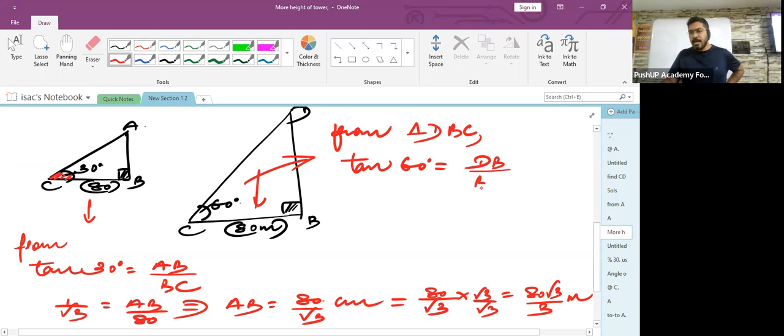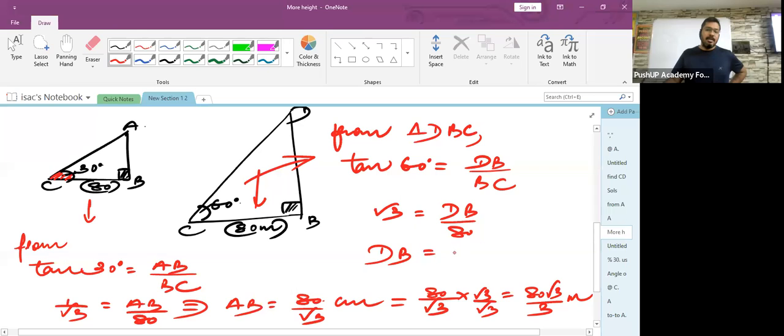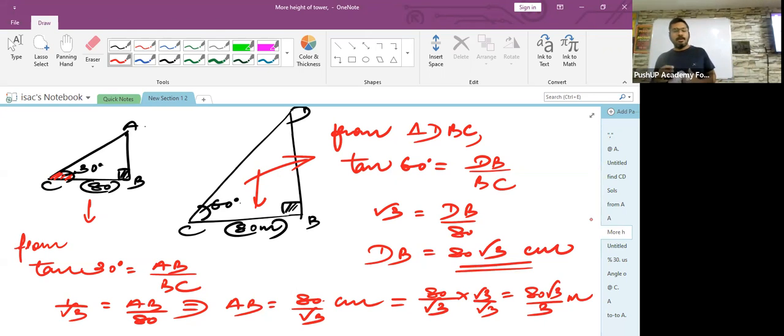DB divided by BC. What is tan 60? √3 is equal to DB divided by 80. So DB is equal to how much, children? After cross multiplication, you get 80√3 centimeters. All right. You got DB, you got AB.